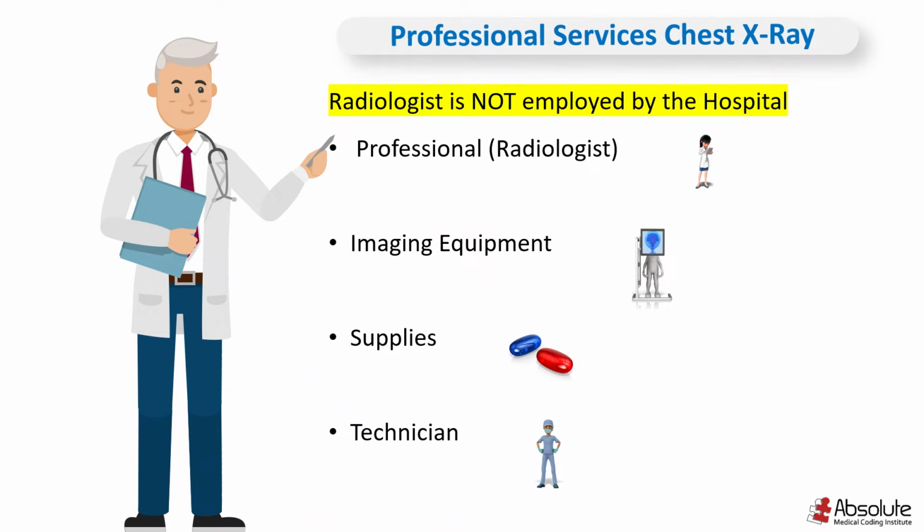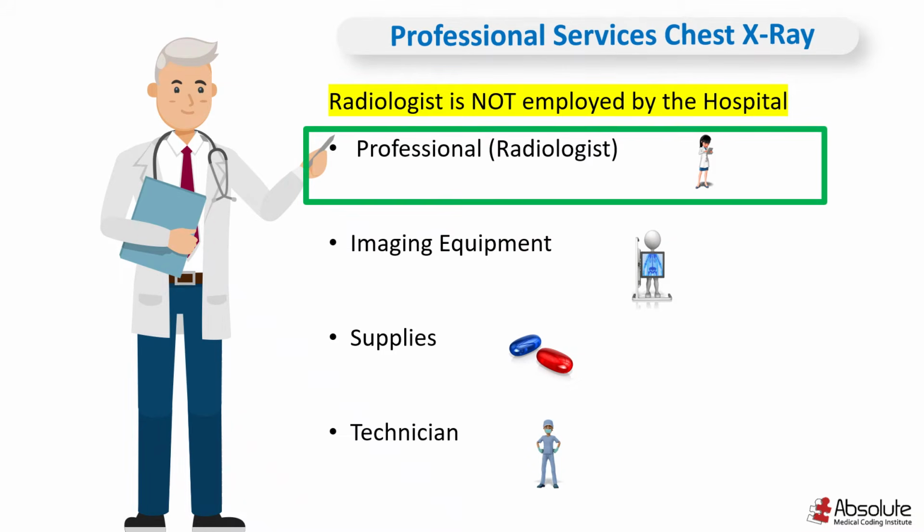Well, when that radiologist is not employed by the hospital and they work for a radiology group, coders, that has to be something you can resonate with. If you've ever gone to the hospital, whether it's the ED or you were inpatient, you're going to 9 times out of 10 get a separate bill from the radiology group or the radiologist because they're often not employed by the hospital and they have to get paid.